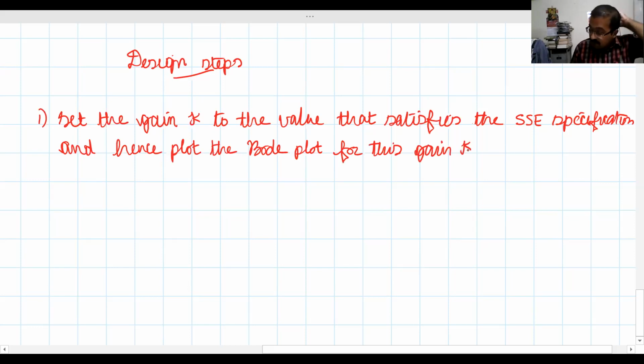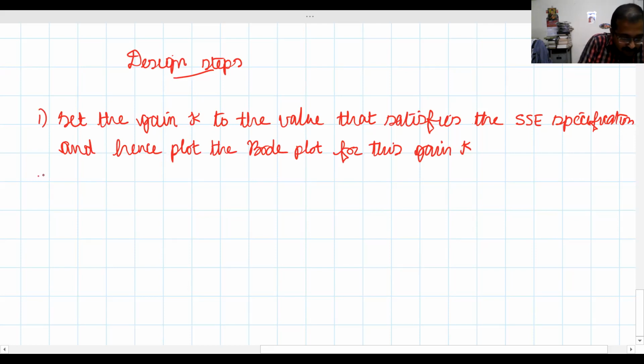So first we have to arrive at the value of gain K required from the given steady state error requirement. Substitute that value of gain K into the open loop transfer function and plot the Bode plot with the gain K that satisfies the given steady state error requirement.